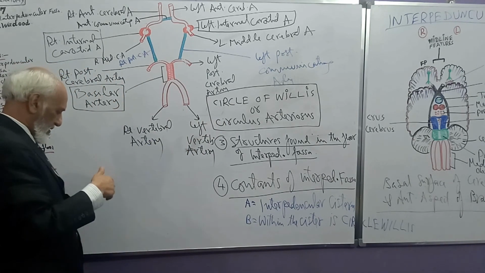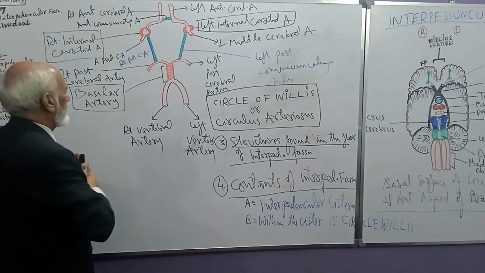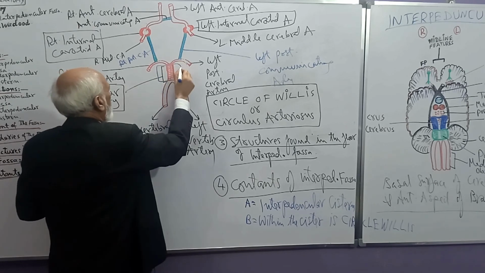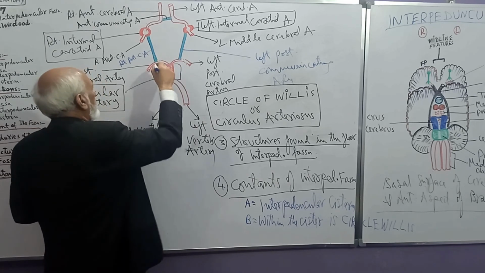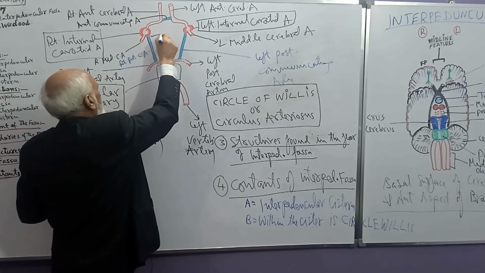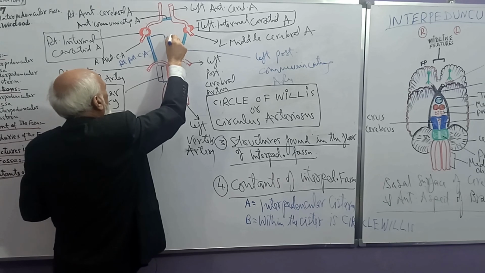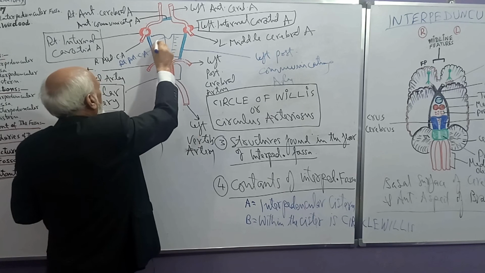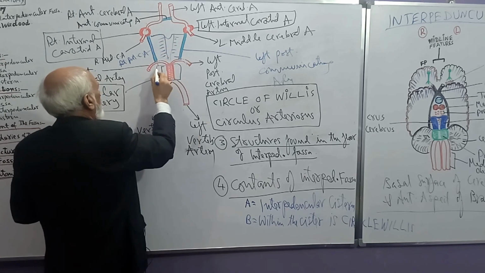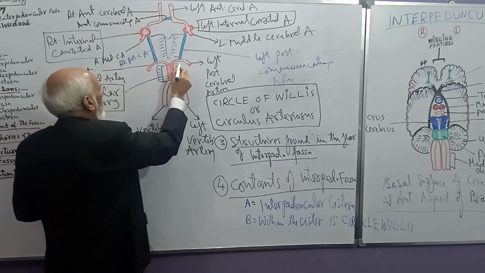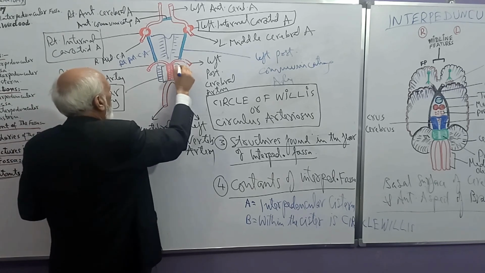Now, what are its relations with different structures? For example, as you can see, this is the anterior surface of the pons, and here is the midbrain, right crus cerebri and left crus cerebri.